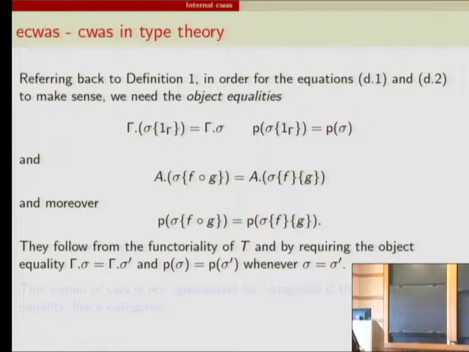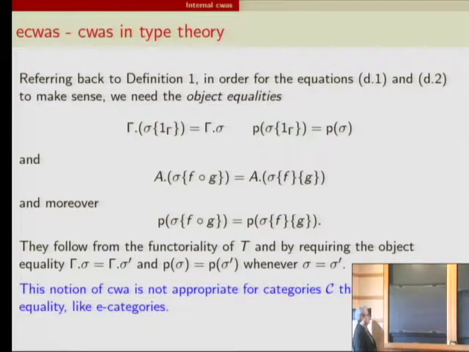In the classical situation, this follows from the functoriality of T and requiring that object equalities are respected in this way. Now I'm referring to the old definition, so it's the object equality in the category. It's not an E category yet, just an ordinary one.